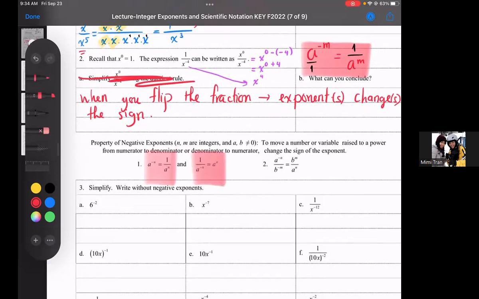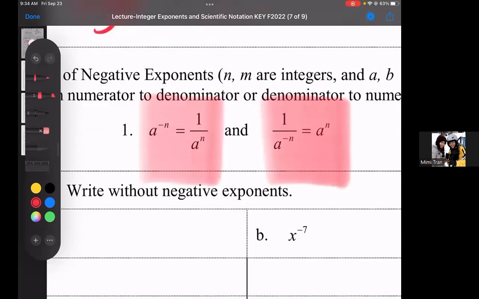See that a to the negative n? Let me make it a little bigger so you can see. A to the negative n. By the way, there's nothing below a to the negative n, which is always understood as over 1. If I say number 3, you say 3 over 1. It's the same thing.